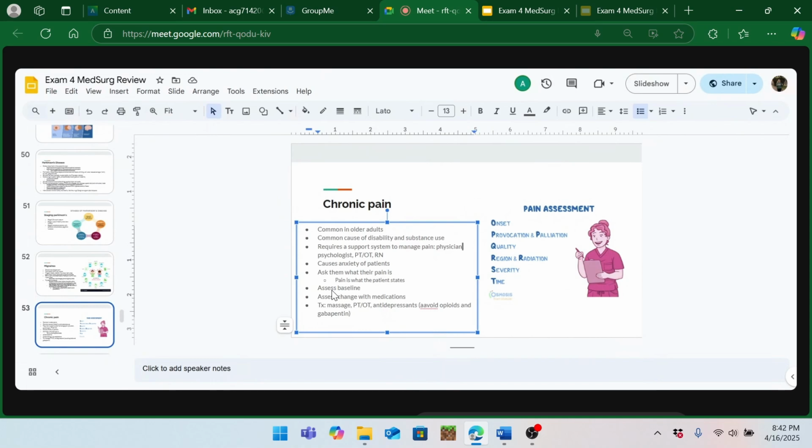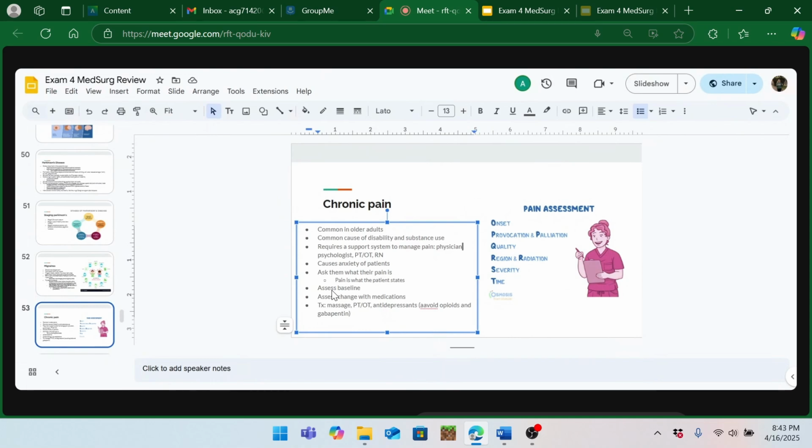Chronic pain can lead to anxiety in patients, and then they might need those meds that we were talking about. Ask them what their pain is, and then always remember the pain is always what the patient states. Assess their baseline, because these people that have chronic pain have pain all the time. So something that might be a 7 to somebody else might be like a 4 to them, but they're still in pain.